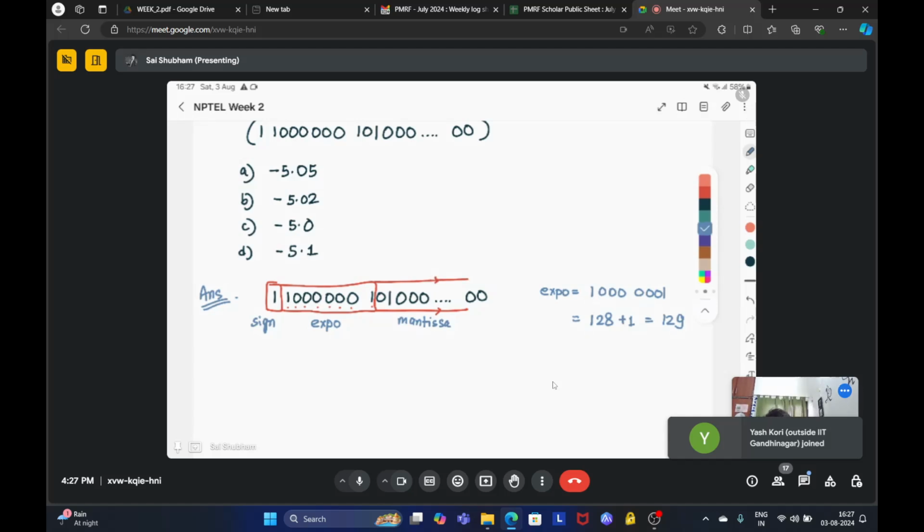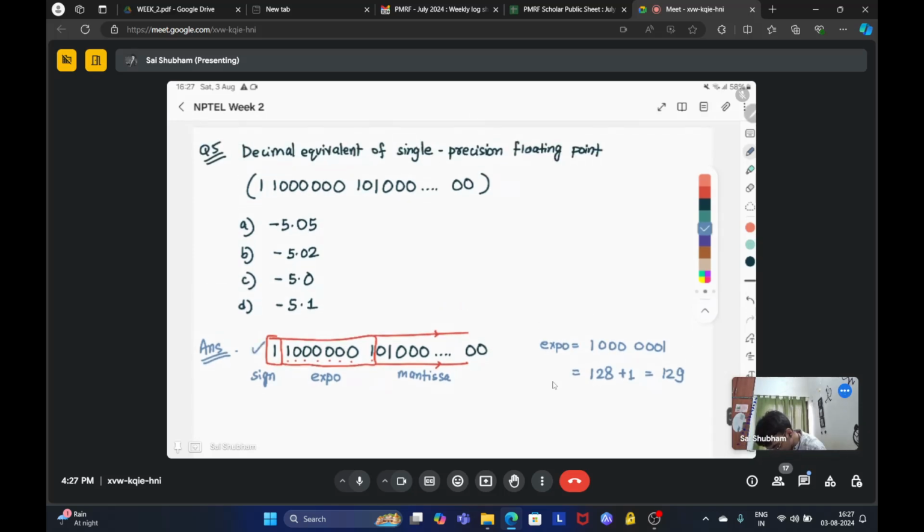So here the first bit is the sign, then we have the exponent part of 8 bits, and then we have the mantissa part. The exponent part has a bias. Right now it shows 129, bias is 127. So 129 minus 127, this is your actual exponent.